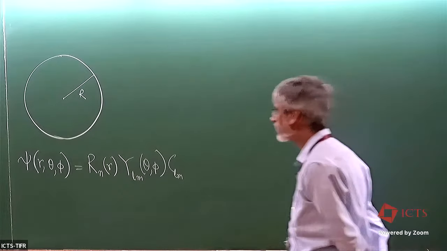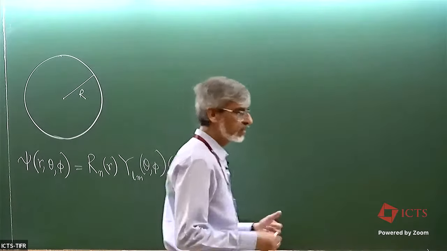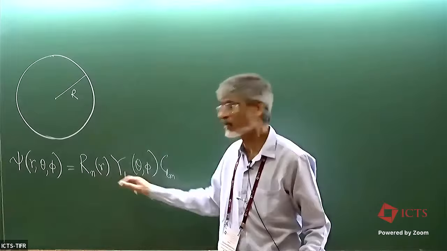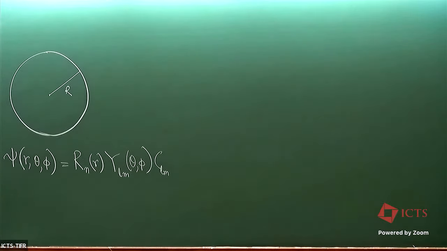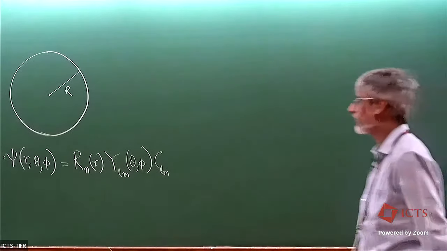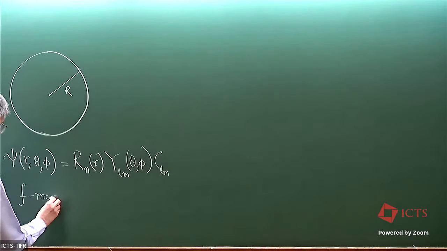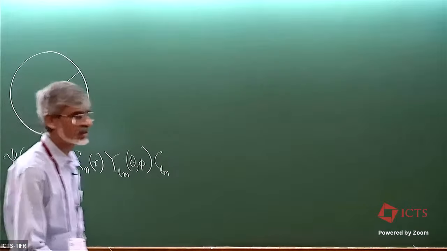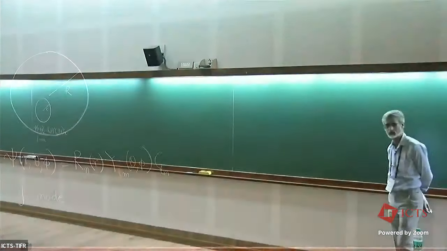And depending on the kind of eigenfunctions that you are talking about, these modes are classified into various types. The fundamental mode, or F mode, is one where the radial wave function has no nodes within the star, so the n equal to 0 mode.